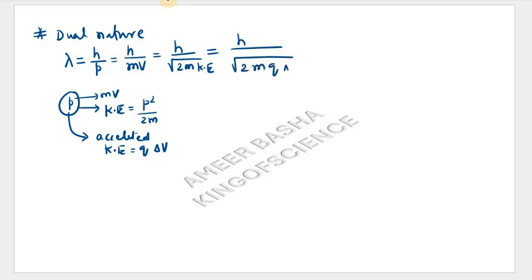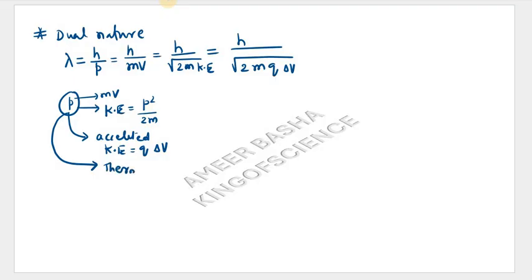When an electron or charged particle is accelerated through some potential difference, kinetic energy will become charge multiplied by the potential difference. So lambda is h divided by square root of 2mq into potential difference. Similarly, there are many ways, like thermal energy.